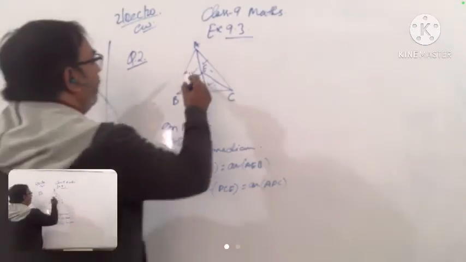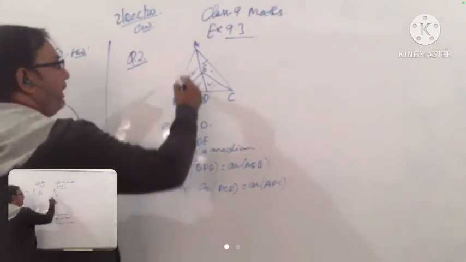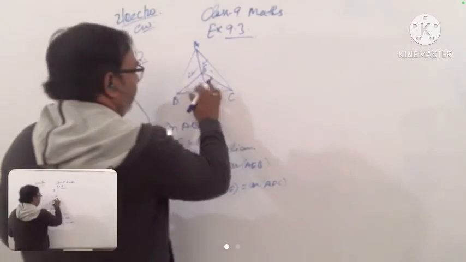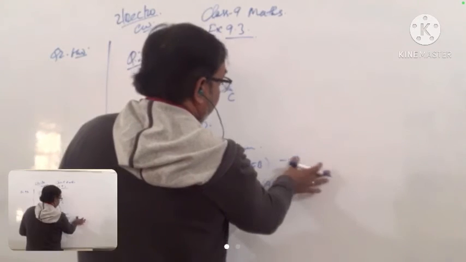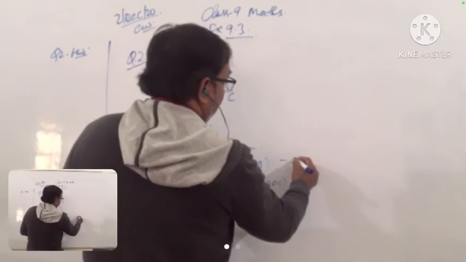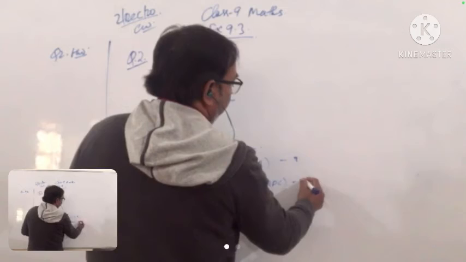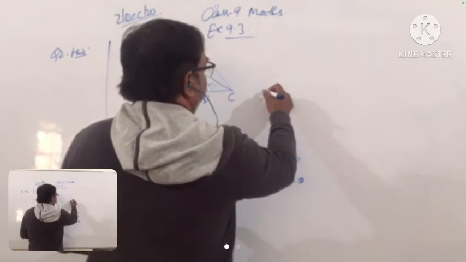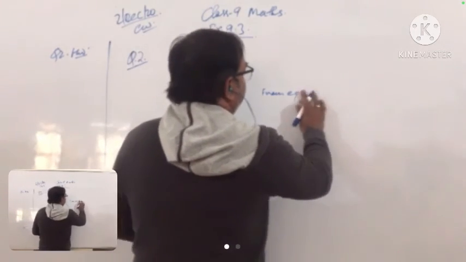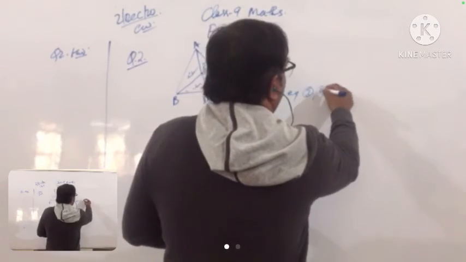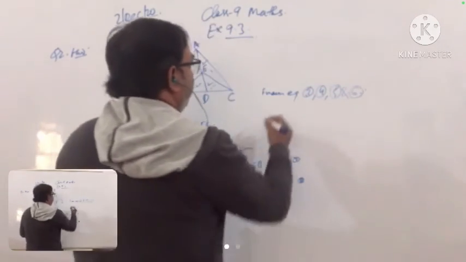Okay. Now we know that the area of 4 is equal. Then we can write, you can put the equation numbers 1, 2 is there. Now 3, 4, whatever the equation number, and then you can write from equation 3, 4, 5 and 6 we get area of.